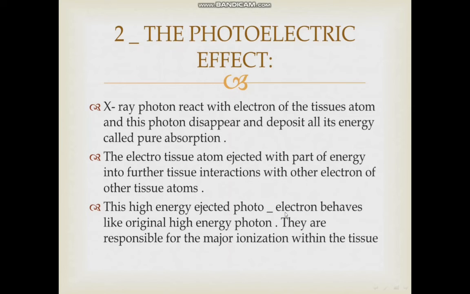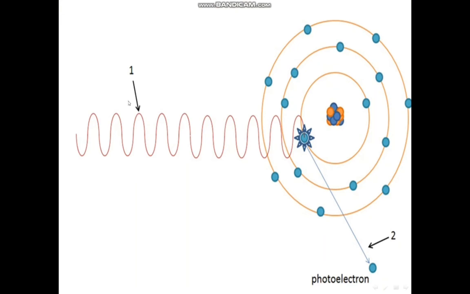A photoelectron is an electron that receives all the photon energy. They are responsible for the major ionization within the tissue. Here in this picture we can see the photon enter the atom. It deposits all its energy into this electron and disappears. The electron is called the photoelectron.